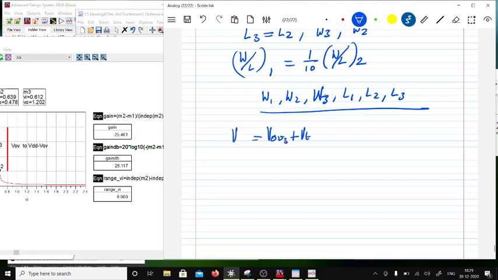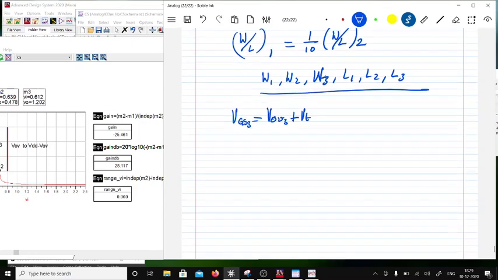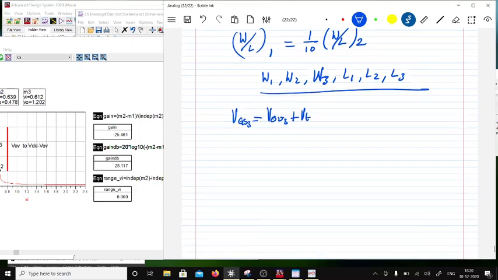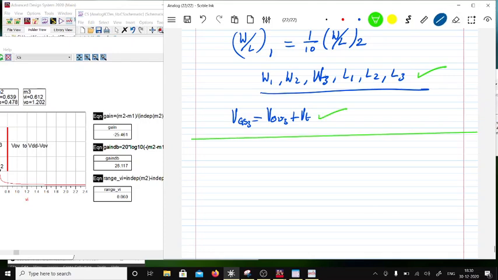So this is going to be your bias point, right? So you have figured out everything. You have figured out the design, you have figured out the bias. So this is how you basically do a synthesis problem.